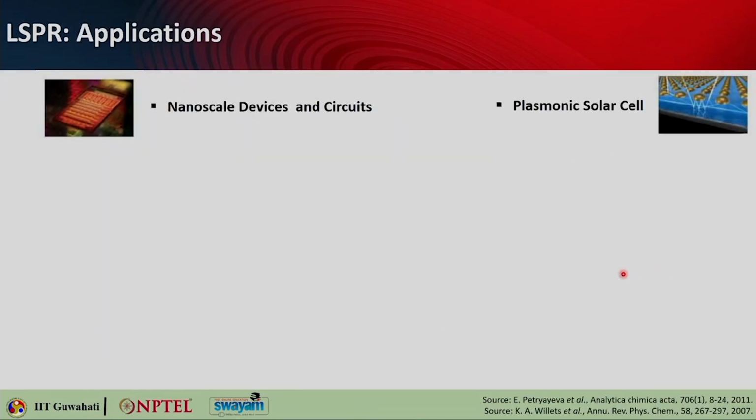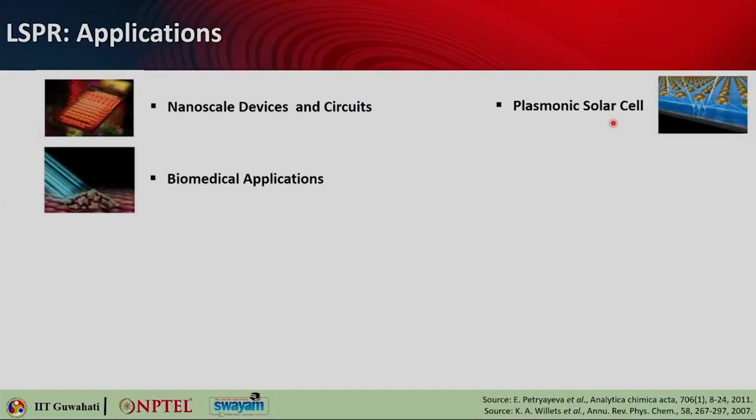Now, the applications of nanoparticles and LSPR range from nanoscale devices and circuits. These can be used for switching applications based on nanoparticles. They can be used as absorbers in plasmonic solar cells.